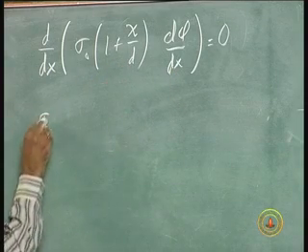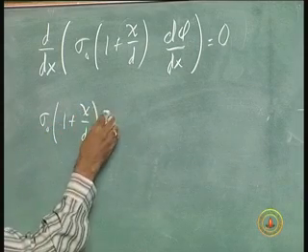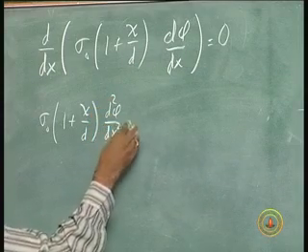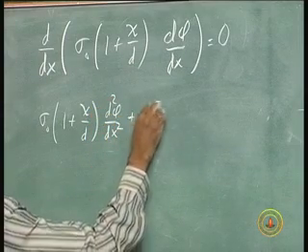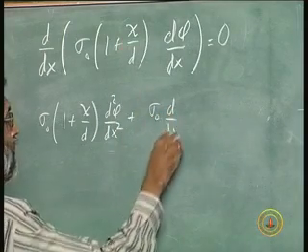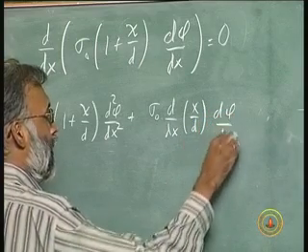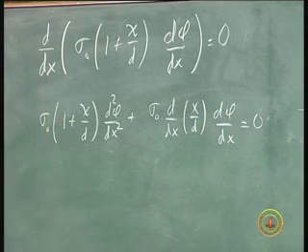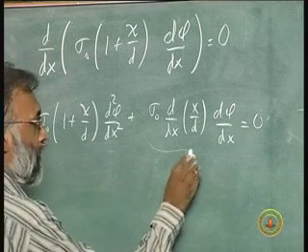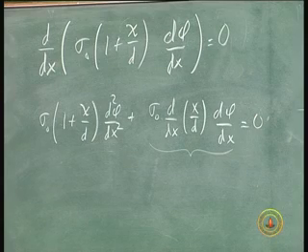So, you get two terms, sigma naught times 1 plus x over d d phi/dx plus sigma naught d/dx of x over d times d phi/dx equals 0. So, you can see that there is a new term that has come in, which complicates the equation.